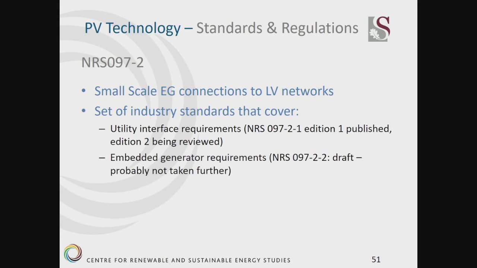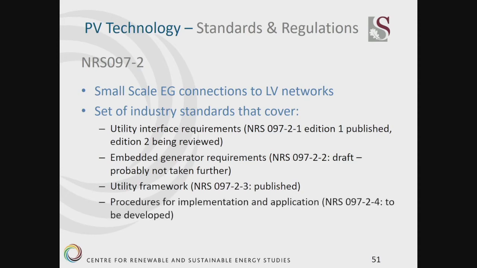Edition 2 is in draft format currently, but it might not be taken further. Then we have the utility framework, NRS 097-2-3, and this is published. Then we have procedures for implementation and application, which is 097-2-4, and this still needs to be developed.